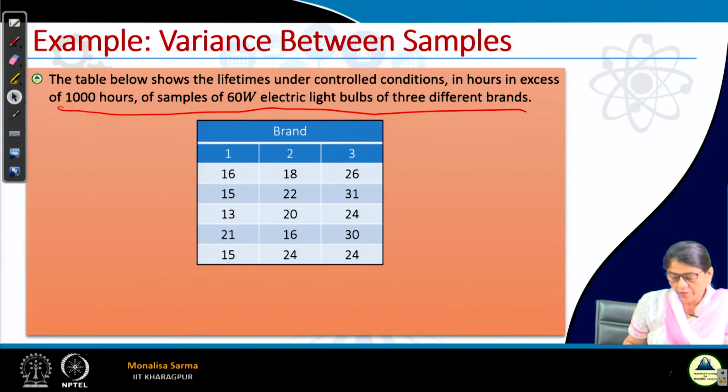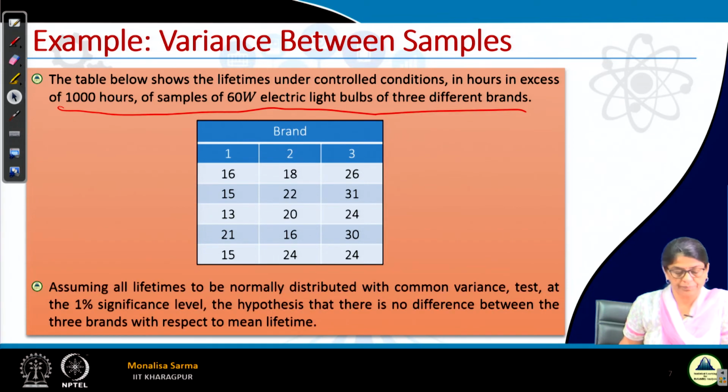We need to find out whether the means of the 3 brands, the lifetime of all 3 brands, are same or not. So, our null hypothesis is mu 1 is equal to mu 2 is equal to mu 3. Alternate hypothesis is that at least 2 of mu 1, mu 2, mu 3 are not same. We have to test at 1% significance level, that means 0.01.